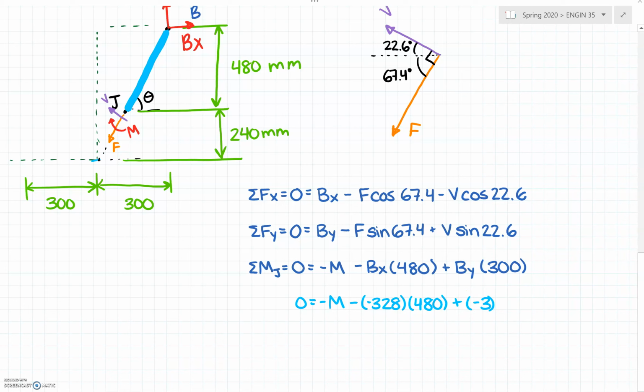I just realized that I had an error here with my moment arm. It's not 300. 300 is the total distance from here to here, and I need instead the distance from B to that point J. So I'm going to erase that. Let's draw a similar triangle here.